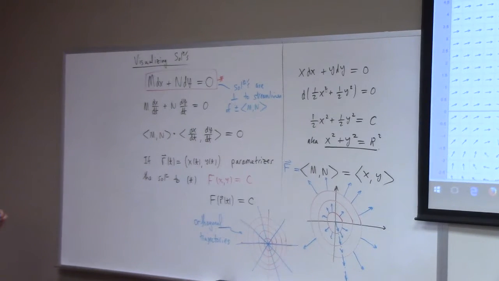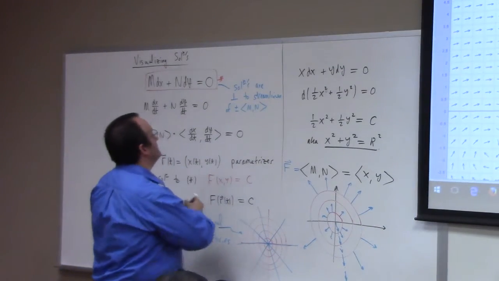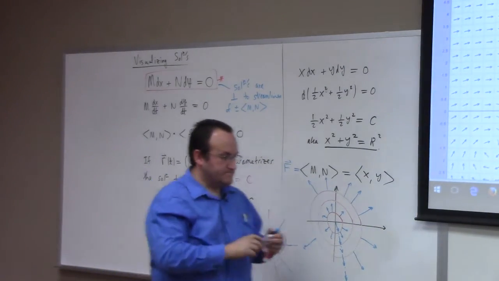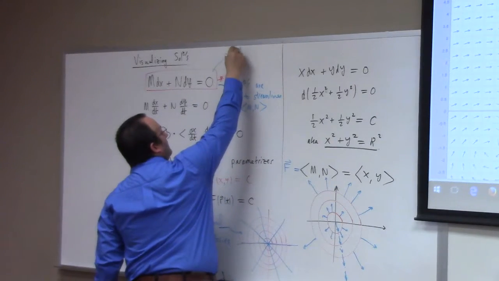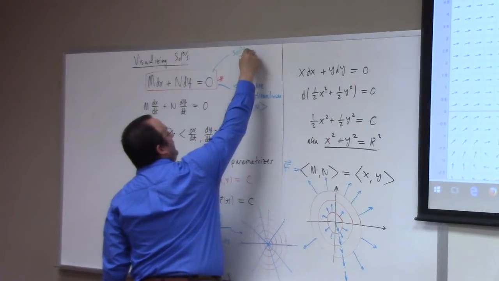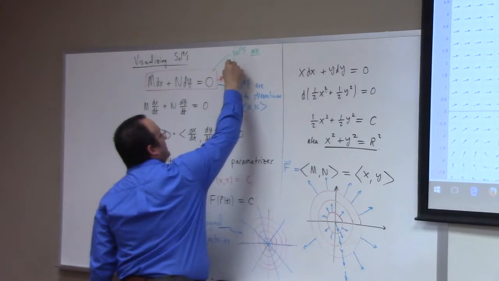But can we say something more direct rather than just saying the solutions are perpendicular to the streamlines? What do the solutions line up with? How about the solutions are streamlines of what vector field?